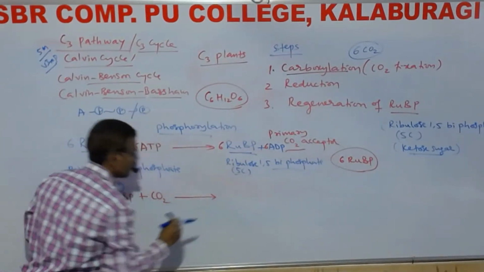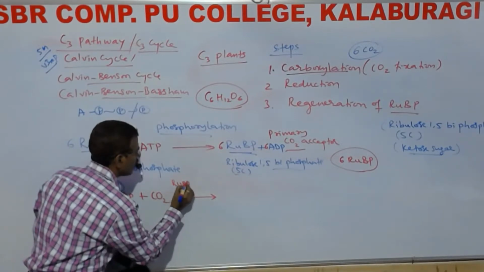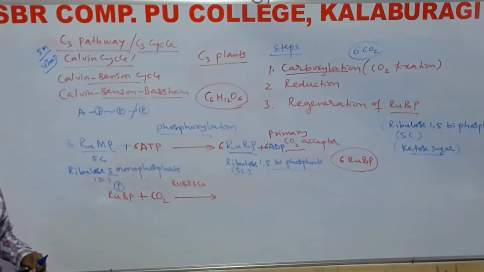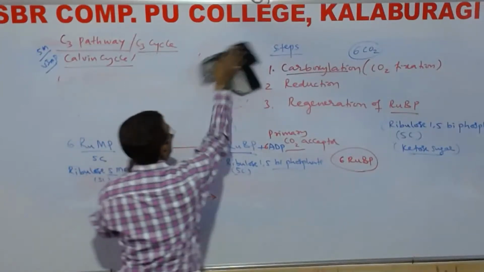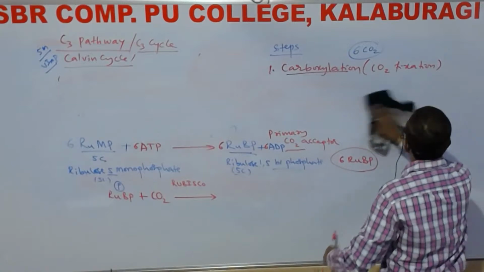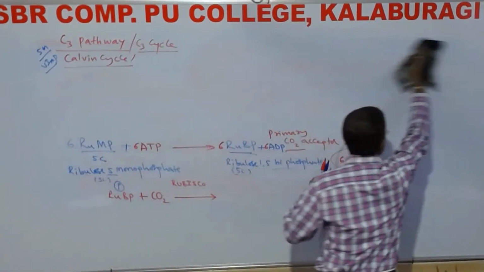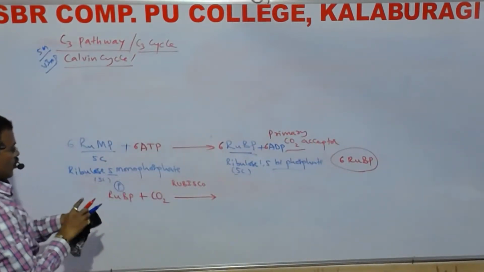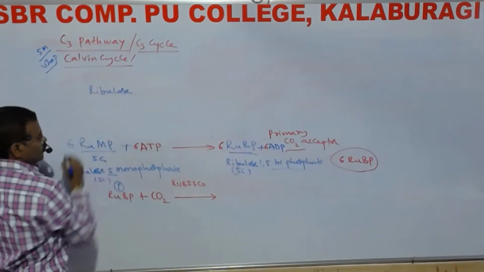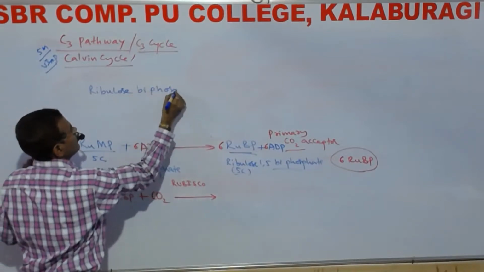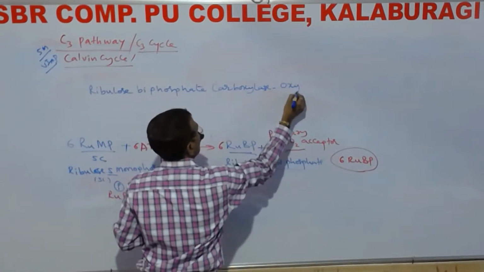So here, the fixation of carbon dioxide is catalyzed by the Rubisco enzyme. Very important enzyme. Rubisco: ribulose biphosphate carboxylase oxygenase enzyme.